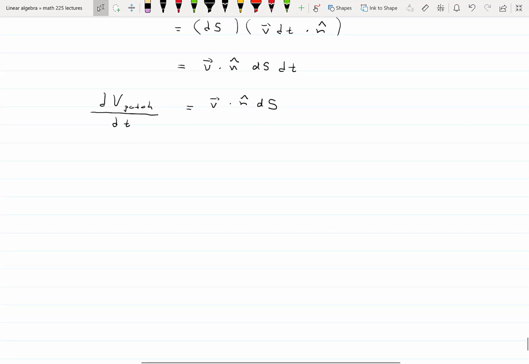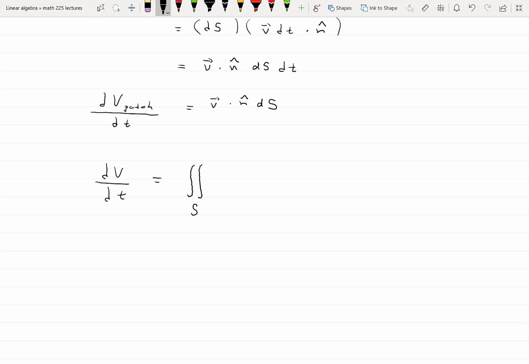So the net rate of change of orange juice over all of these patches is the sum of all these individual v dot n ds's. So the rate at which orange juice leaves the entire orange, now notice I've taken away the subscript of patch, is the sum. How do we sum elements of v dot n ds?